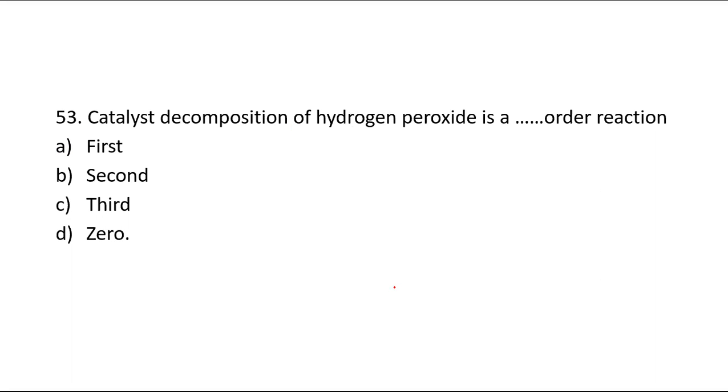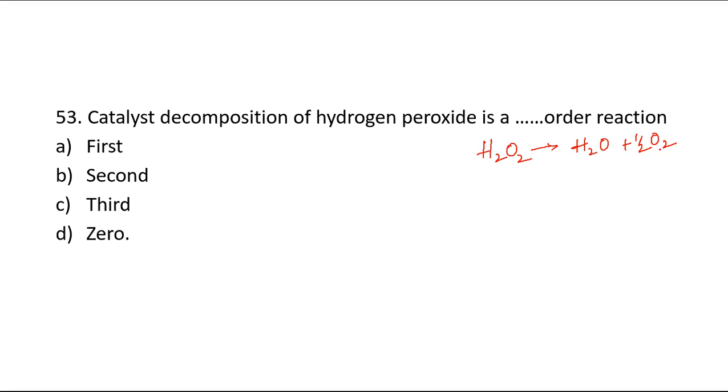Next. Catalytic decomposition of hydrogen peroxide is a dash order reaction. Hydrogen peroxide will be decomposed to give water and oxygen with the help of a catalyst. Therefore, it is a first order reaction. See, decomposition of H2O2 gives rise to H2O plus half O2.